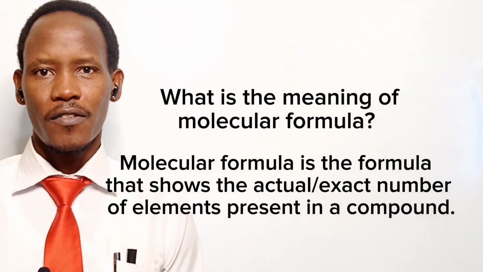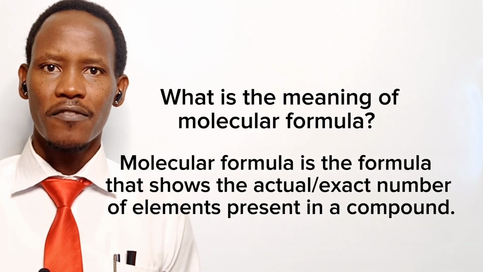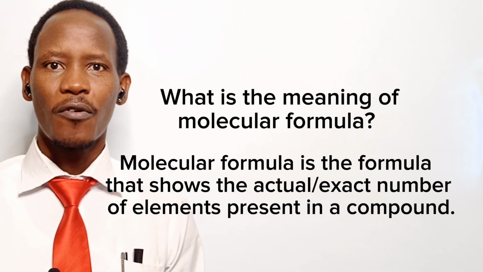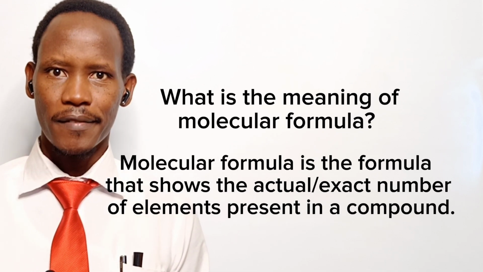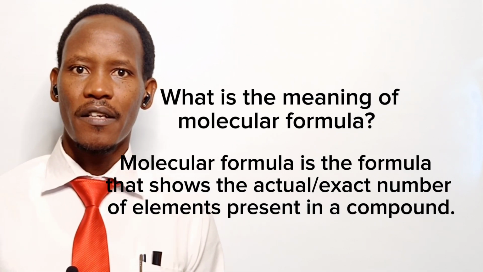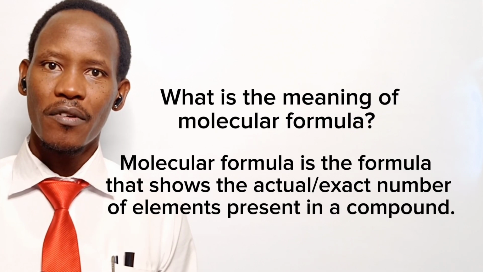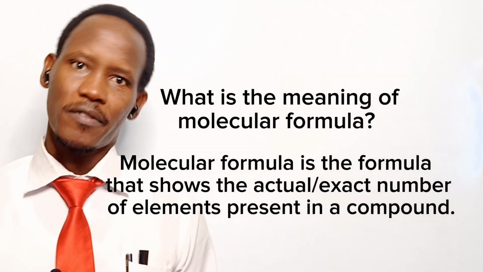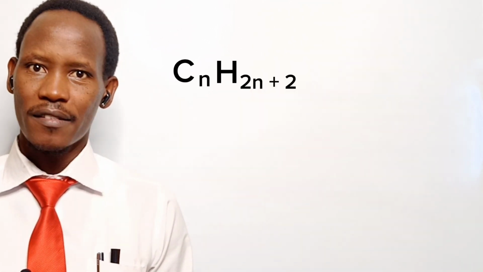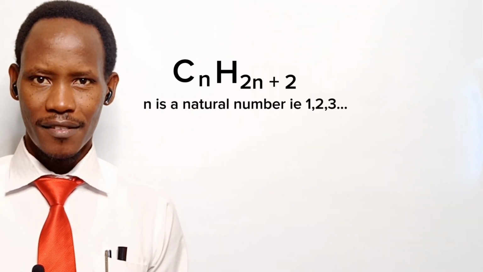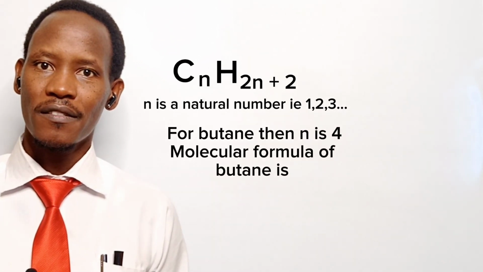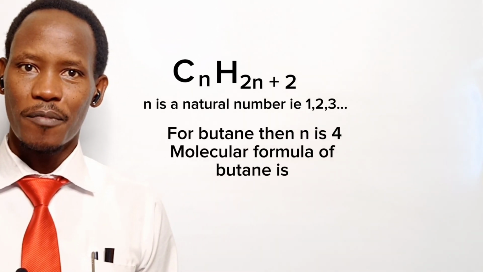In other words, if you are able to identify the elements in a compound together with their corresponding exact numbers in the compound, then you will have been able to determine the molecular formula of the compound.